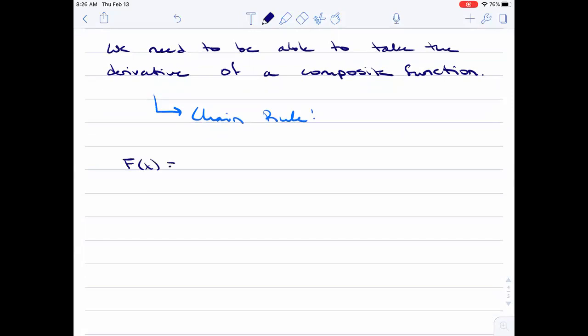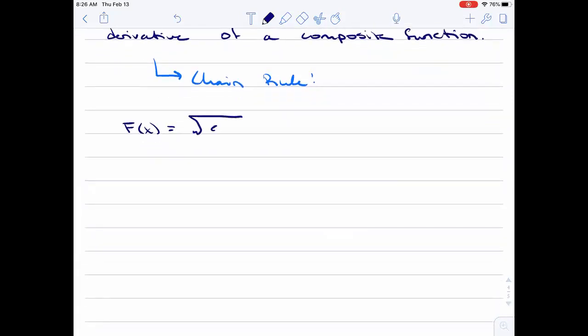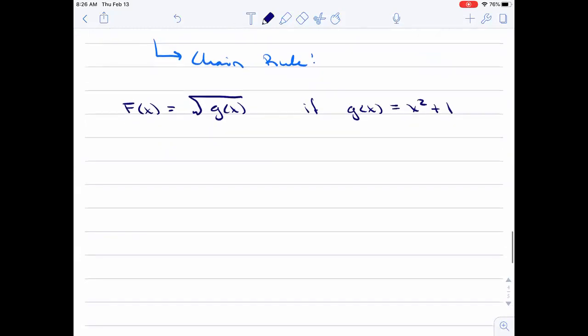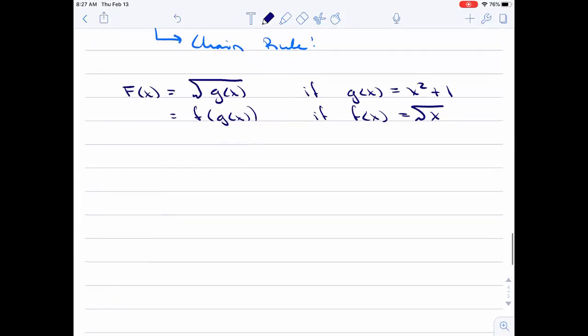So if f of x is the root of g of x, where g of x is x squared plus 1, which is f of g of x if f of x is the root of x. Therefore, f of x is f composed with g of x, a composite function.